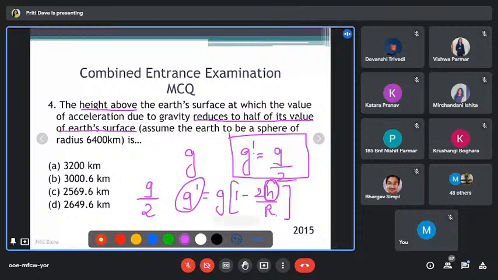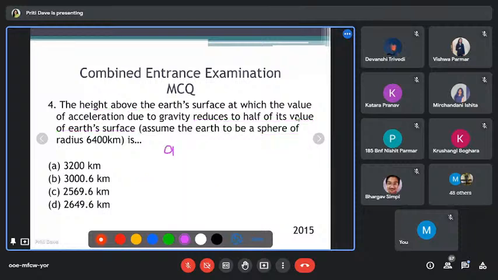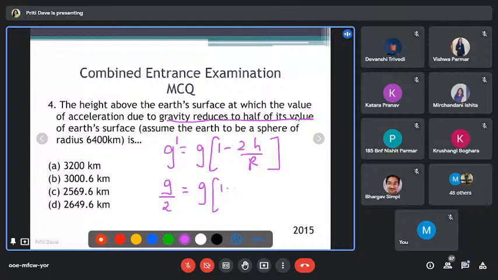Chalo guys, do that much at least. This is the formula that I use. The question says gravity reduces to half its value. So G dash is G by 2, that is G into 1 minus 2h by r.